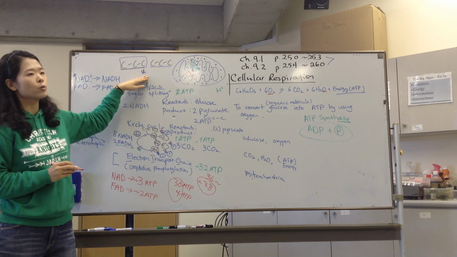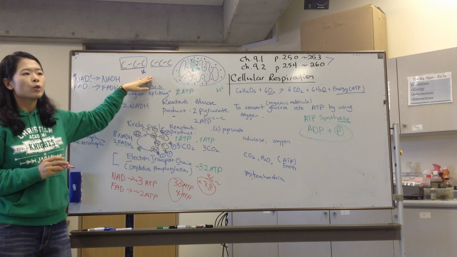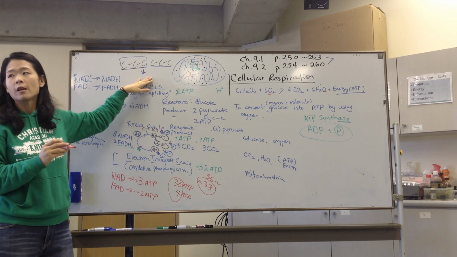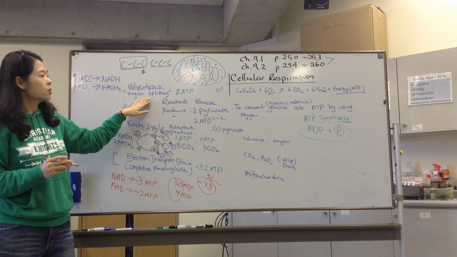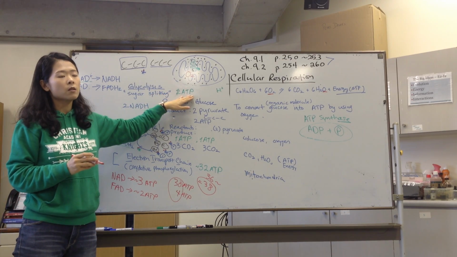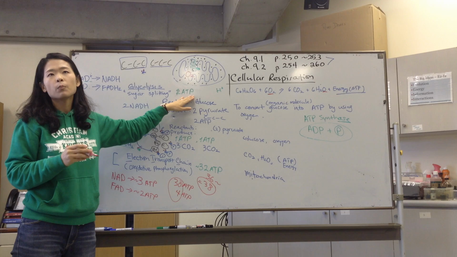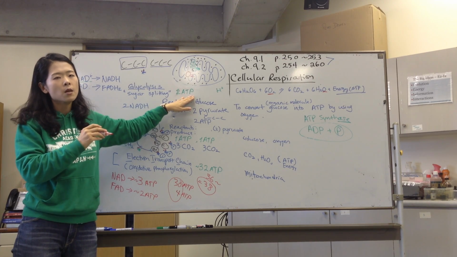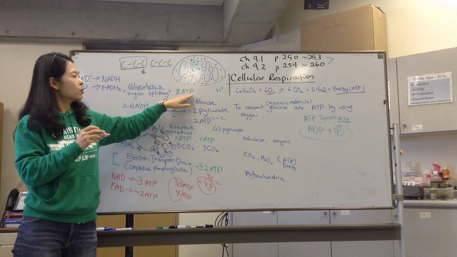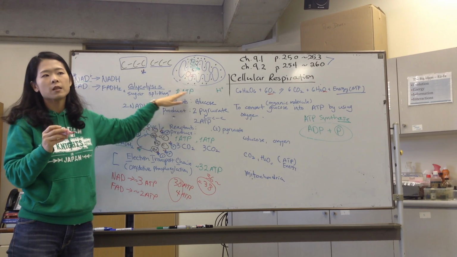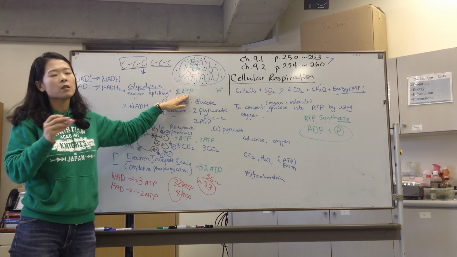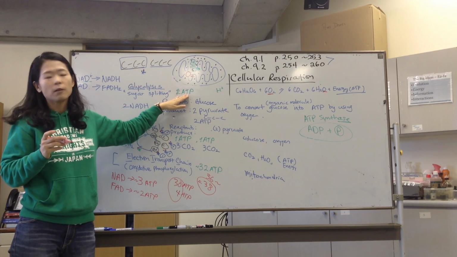It will happen regardless of whether the cell has lots of oxygen or not. Glycolysis can happen, so it will make a few ATPs, which could be enough to power our cells to a certain point, but after a while, it will use up all its ATP, and this will not be enough to supply the ATP needs of our cells.